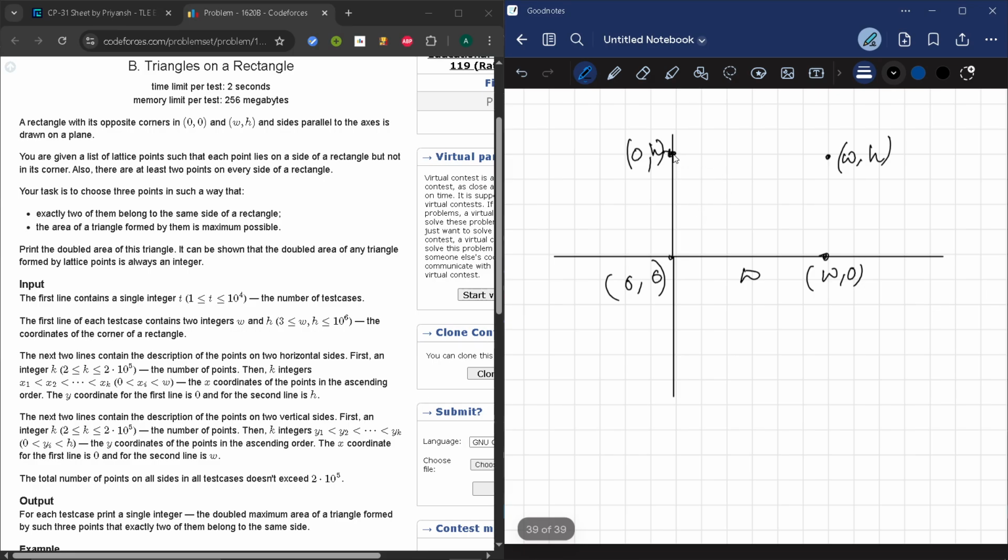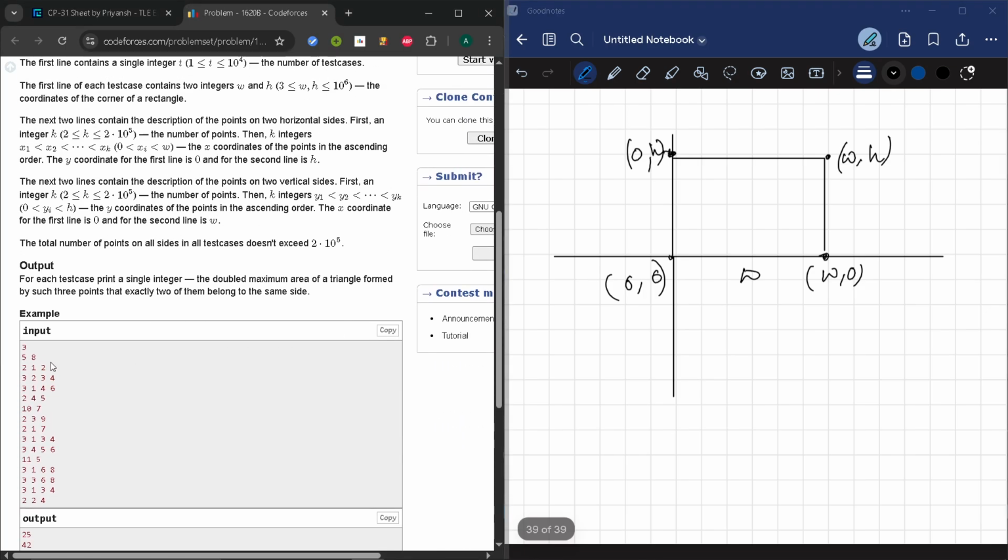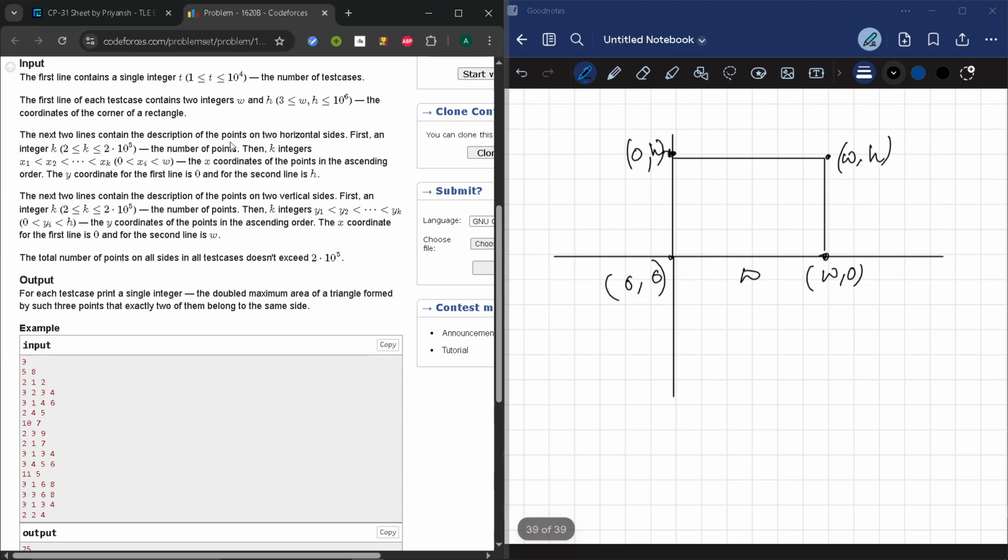Now, what I need is, points are given to me. In the first test case, in the first two lines we have points on the two horizontal sides. The x coordinates of the points are in ascending order, and the y coordinate for the first line is 0 and for the second is h.